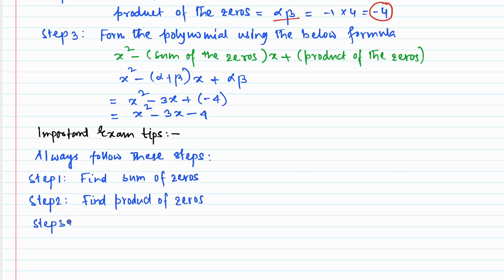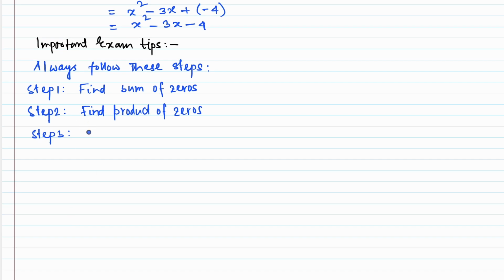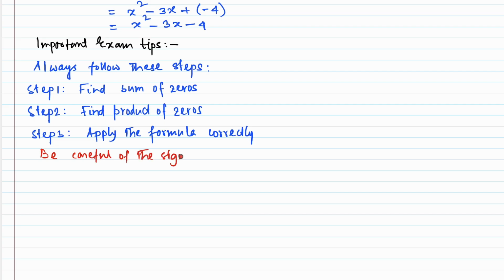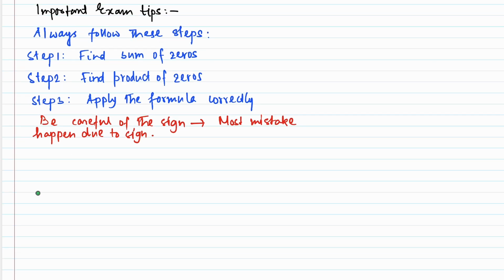Step 3, apply the formula correctly, and be careful of the sign. So it is minus sum of zeros into x plus product, so that minus you have to keep in mind. Many a time we make mistakes and that happens due to the sign.